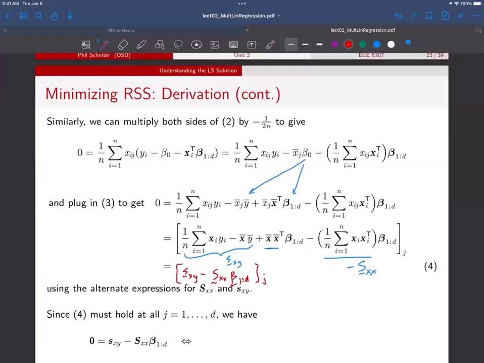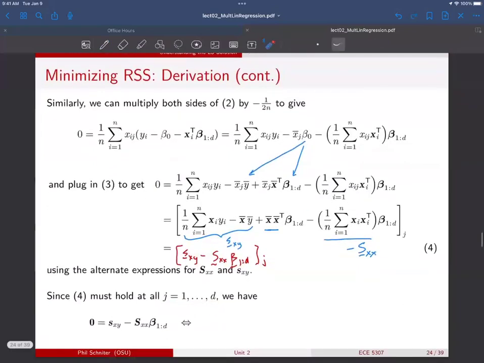And this is the jth entry. Okay, so we now know that the jth entry of this vector needs to be 0, but we also know that this has to happen for all j through 1 through d. So that means that this entire vector is really the 0 vector.